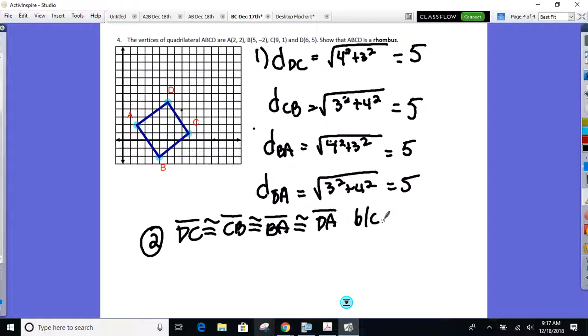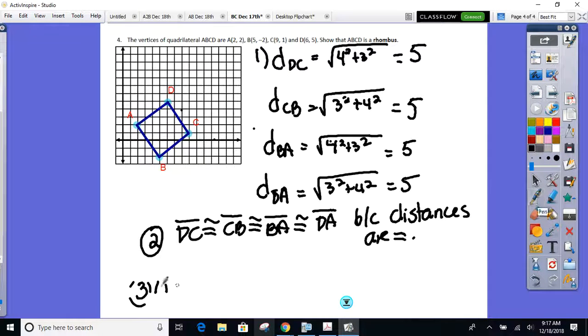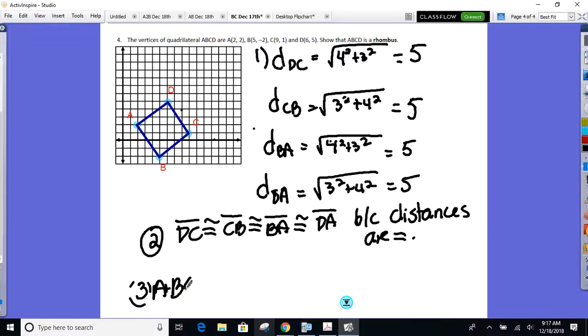What'd you just do above? Distances are equal. And now what do you know about this figure if all 4 sides are congruent? It is a rhombus. Why is it a rhombus? Because all 4 sides are congruent.